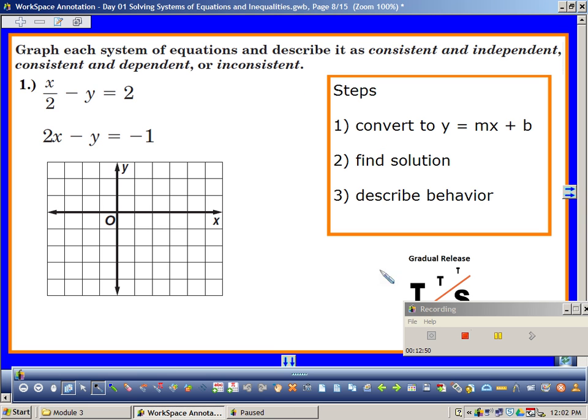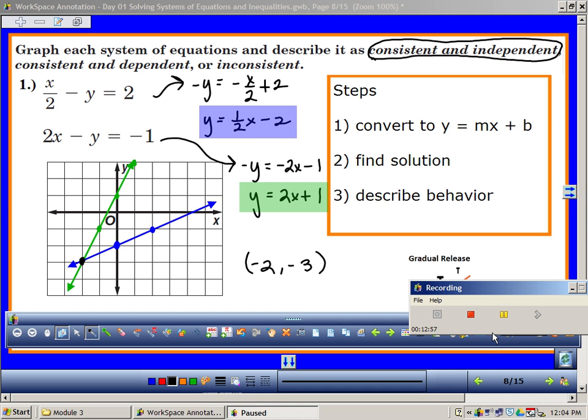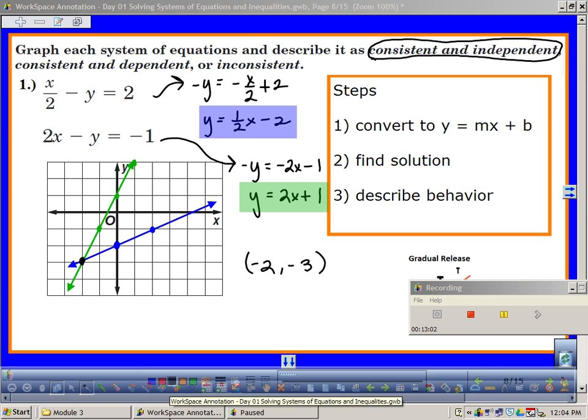What's this? I don't think we need to do this one, do we? Yes, we do? Okay, you guys try it on your own. Okay. Is this what you guys got? No? Okay.